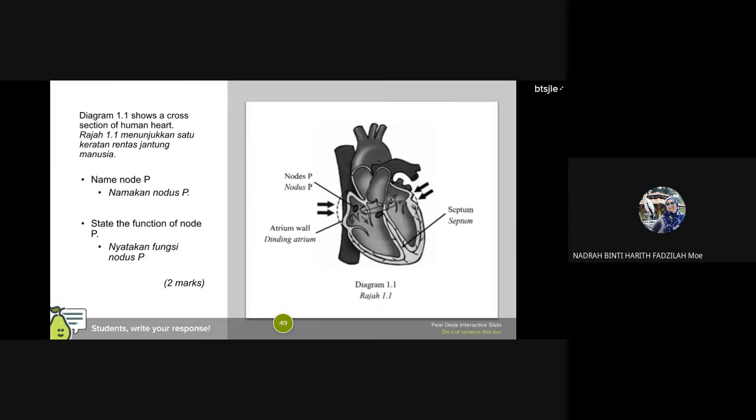Jom kita cuba satu lagi soalan. Ni soalan seterusnya ni soalan aras tinggi ya. Okay, nanti sekejap. I give you another 40 seconds to complete the answer.